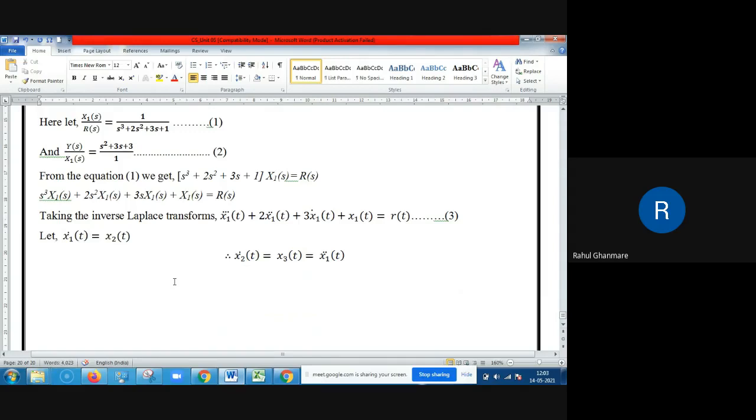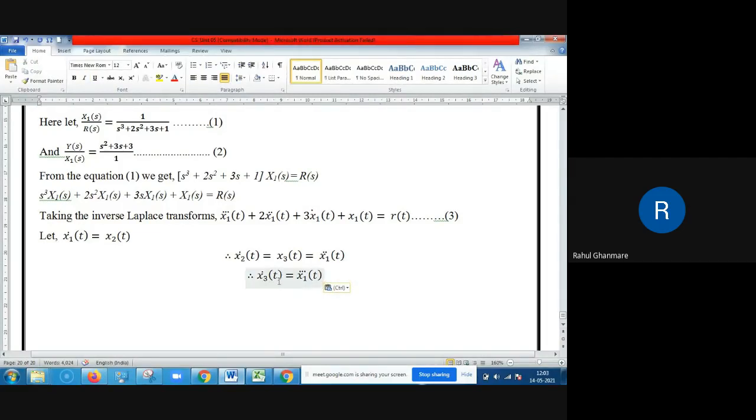Now, similarly for x3 dot, here I am considering this equation. So x3 dot equals the remaining term.